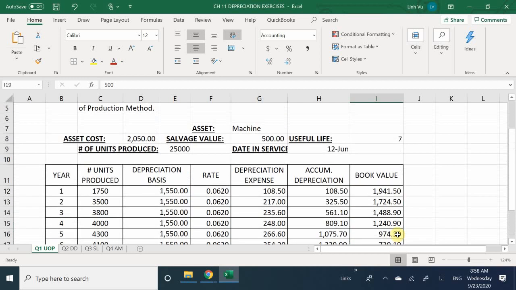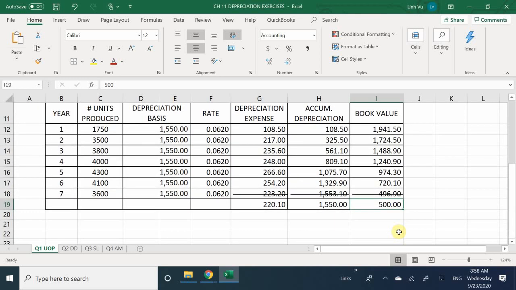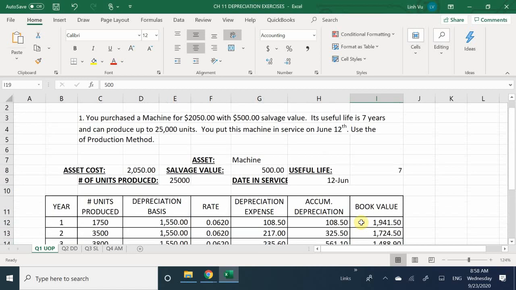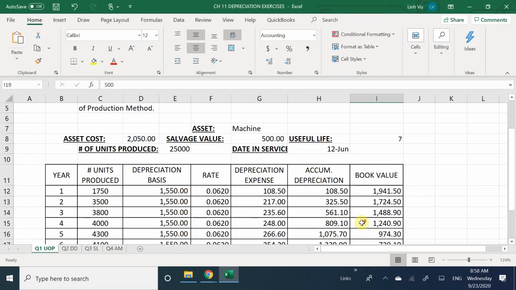Salvage value is 500. Okay, that's your basis. So the book value should never go down below the salvage value.